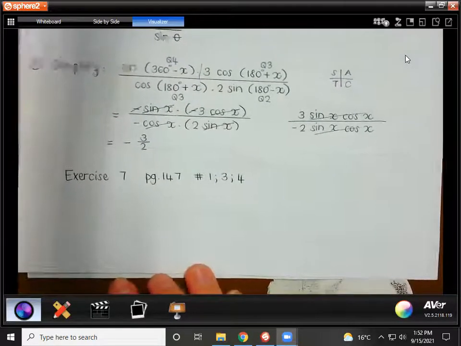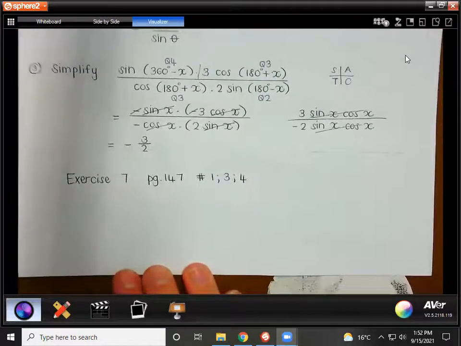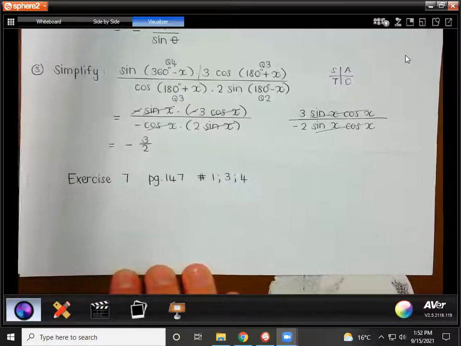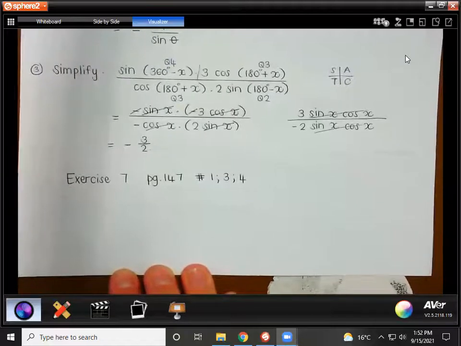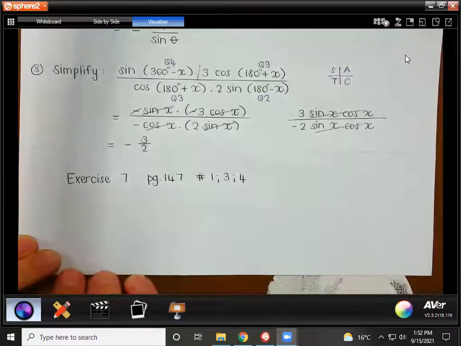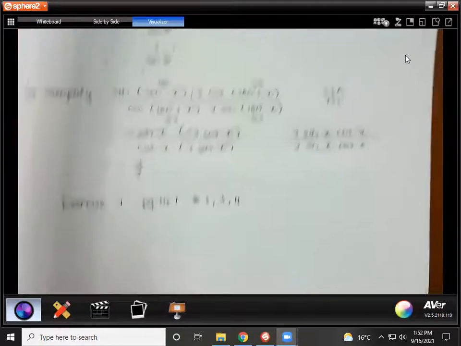Tomorrow we're going to carry on with reduction formulas, but we're going to work with values only, no x's. And then on Friday, we're going to do the ones where we have 90 and 270 as well. Okay, I'll put it on the board quickly, these ones.